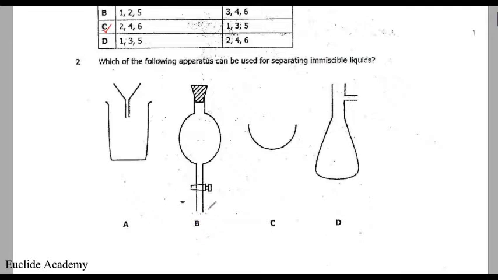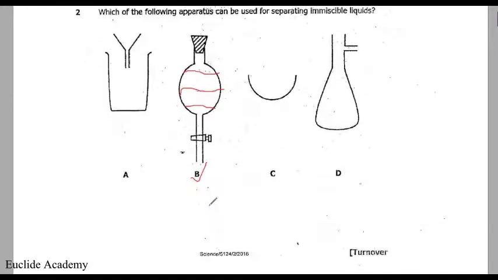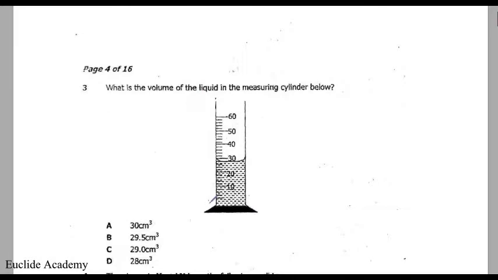The best one would be B. That definitely is a separating funnel. You use a separating funnel because you have one liquid settling there and another one settling there, and you can use that to separate immiscible liquids. So 2B.